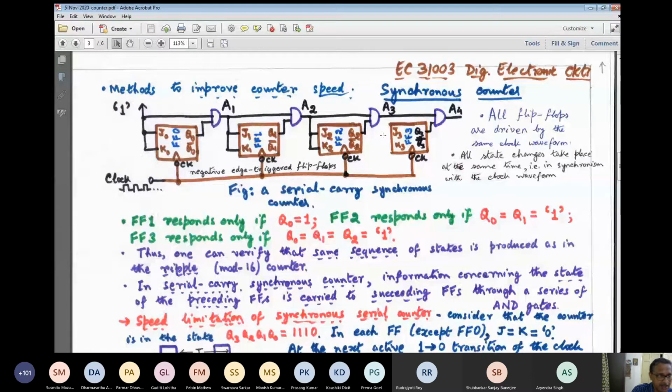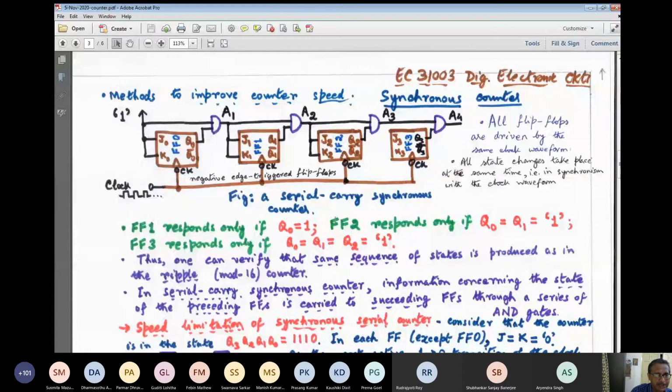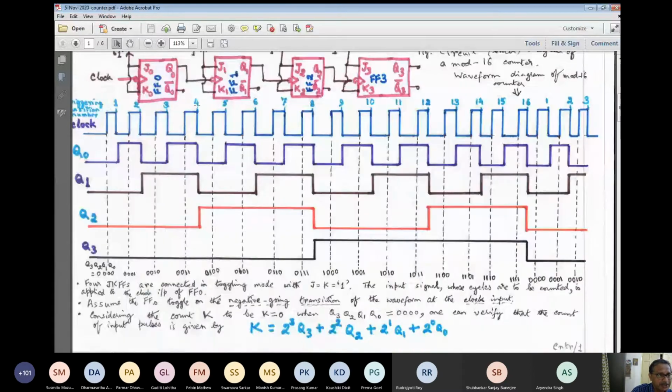Please make that correction. One can verify that the same sequence of states will be produced as in the ripple counter. The reason, as you can see, is that FF1 will change state only when FF0 is 1. Whenever you have a change in Q1, prior to that Q0 equals 1.